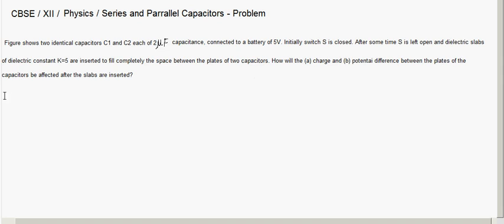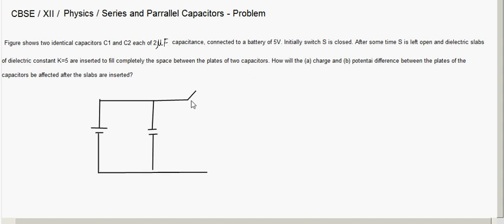Let me give you the figure. We have a 5 volt battery, and then we have 2 identical capacitors. This is C1, and we have a battery and a switch over here. Through the switch we are connecting another capacitor C2.